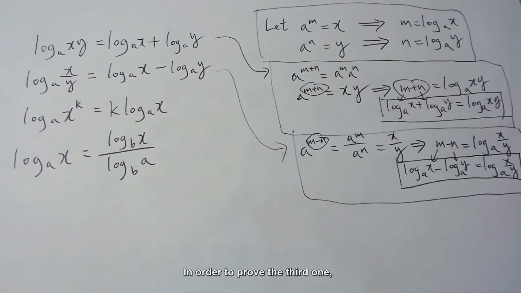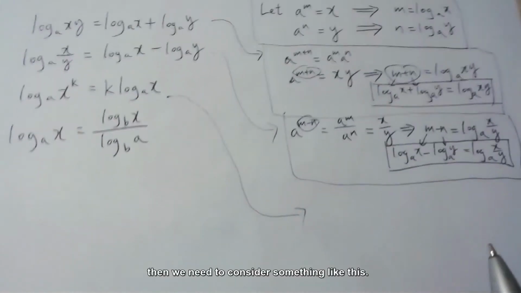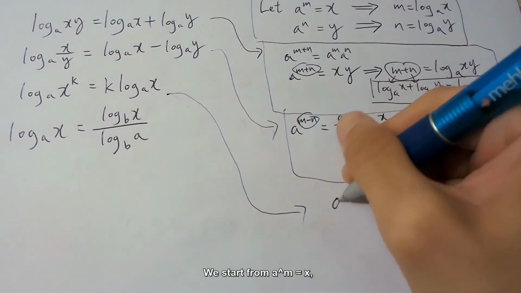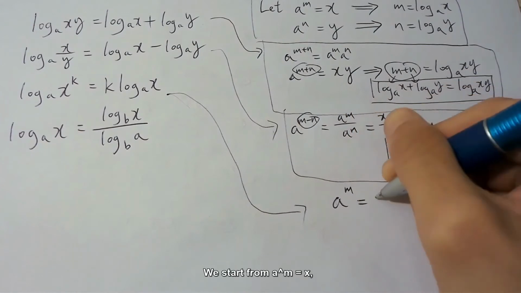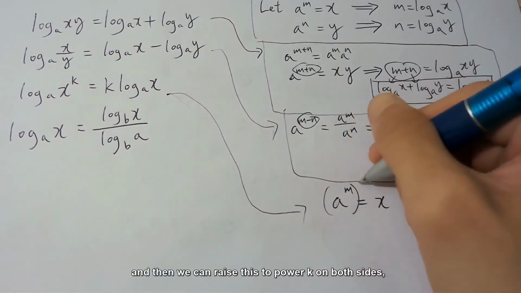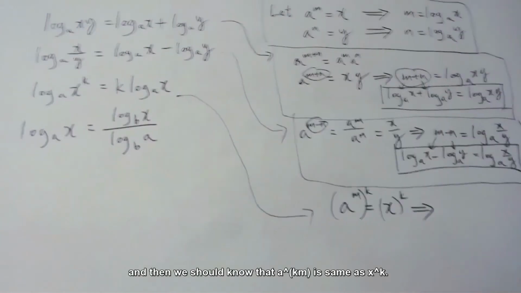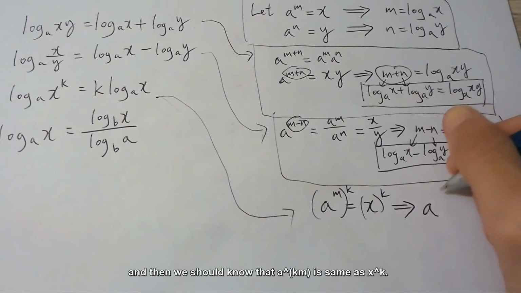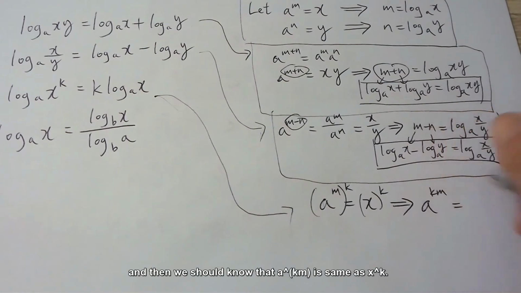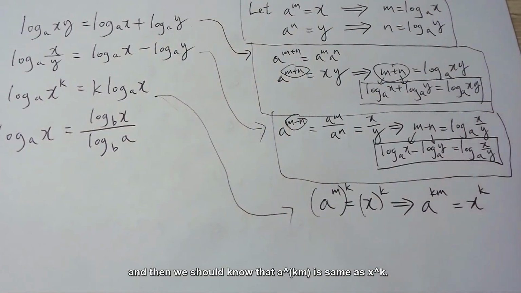In order to prove the third one, we need to consider something like this. We start from a to the power m equals x, and then we raise this to the power k on both sides. Then a to the power km is the same as x to the power k.